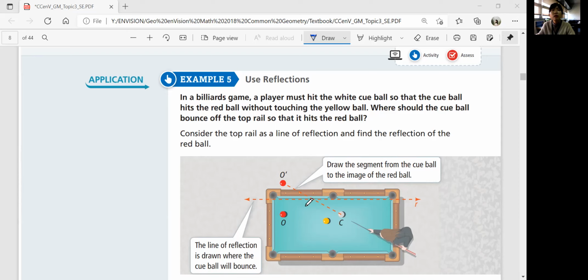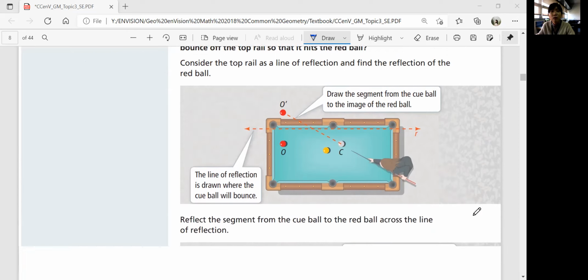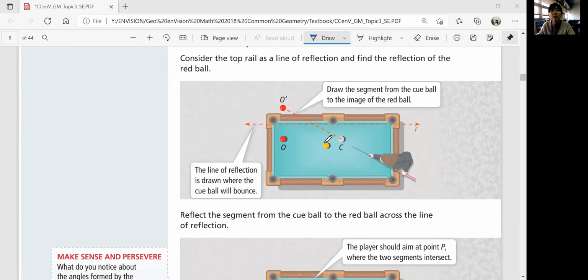Okay? Consider the top rail as a line of reflection and find the reflection of the red ball. So you want the same distance away from your line of reflection. And it's going to be the same angle, right? So draw a segment from the cue ball to the image of the red ball, which is going to be O prime right here.